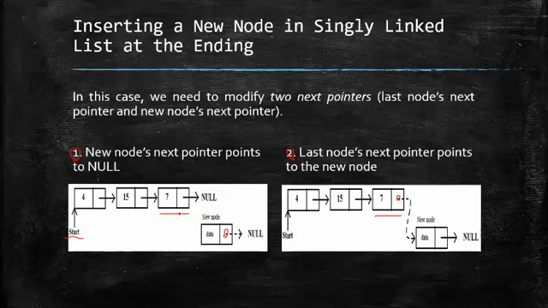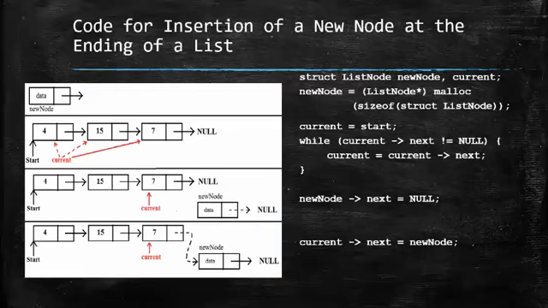So once we reach the last node of the list, then we can perform this action as you can see here. Let us analyze the steps in detail for insertion of a new node at the end of the linked list. The first step is always to create a new node in which we can store some value and whose next pointer can be used to insert this particular node into the list.